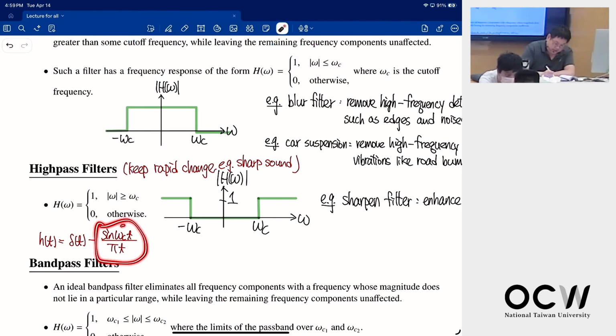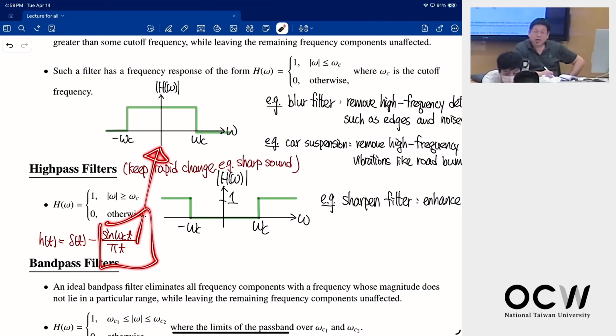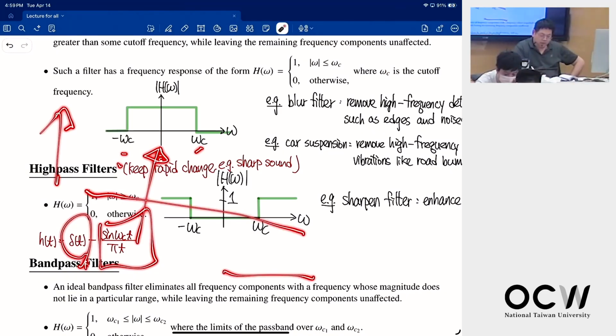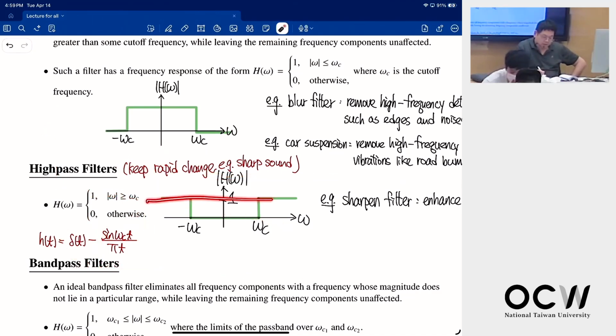Hopefully for this course, at least you know that this sinc function in the frequency domain is a rectangular pulse from minus cutoff frequency to cutoff frequency. Delta in the frequency domain will be like 1, so it'll be 1 here, minus this. Then I get the high pass filter.